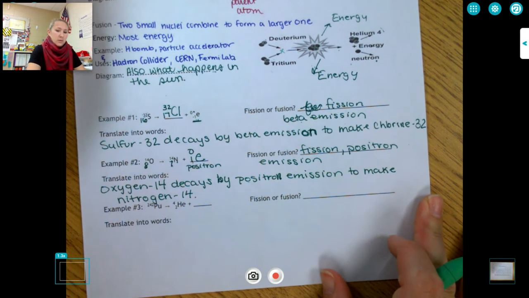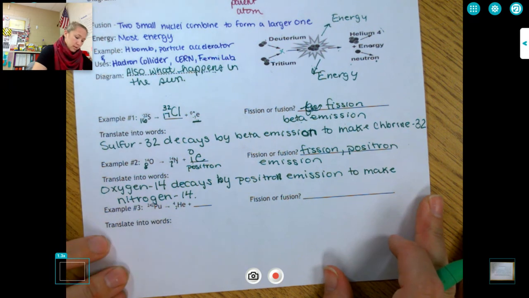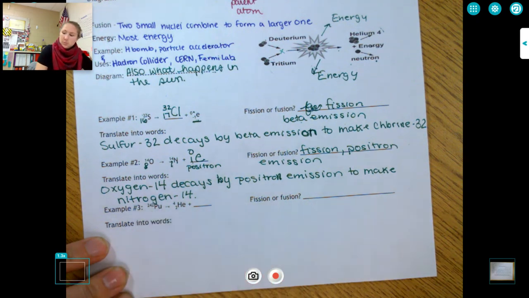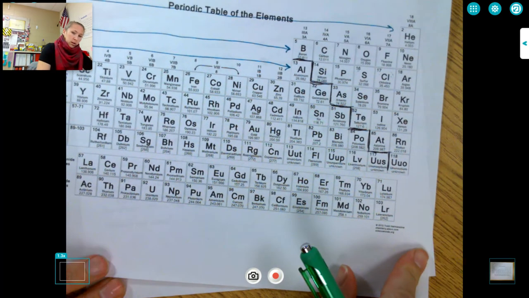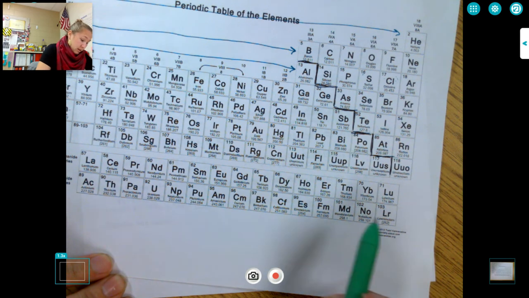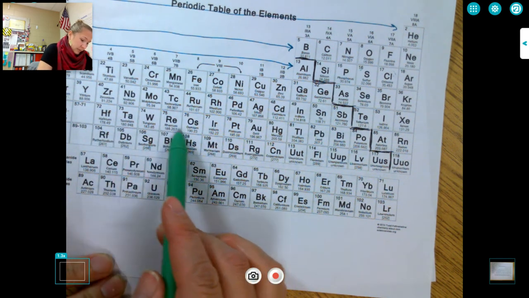Now we have our last one. Our last one, we need to again figure out what is our atomic number for Pu. So we look on our periodic table to find Pu, and I haven't looked ahead of making this video, so let's see if we can find it.